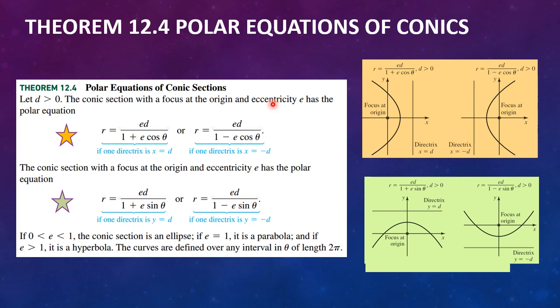If we have the more vertical case, where they're going up or down, these are the green graphs, and I put the stars over here so you can connect them. Here we have r equals ed over 1 plus e sine theta, or ed over 1 minus e sine theta.